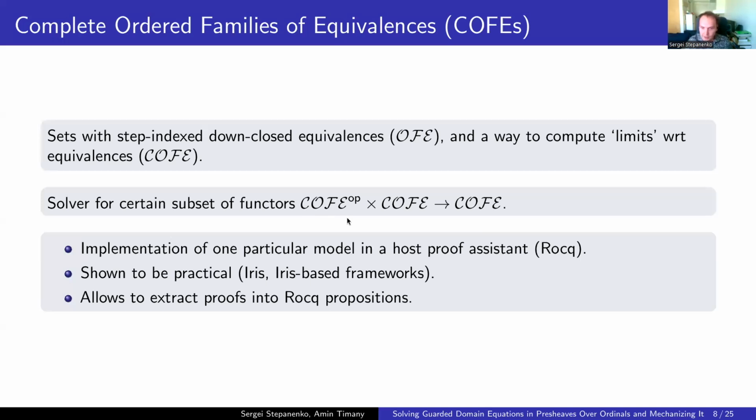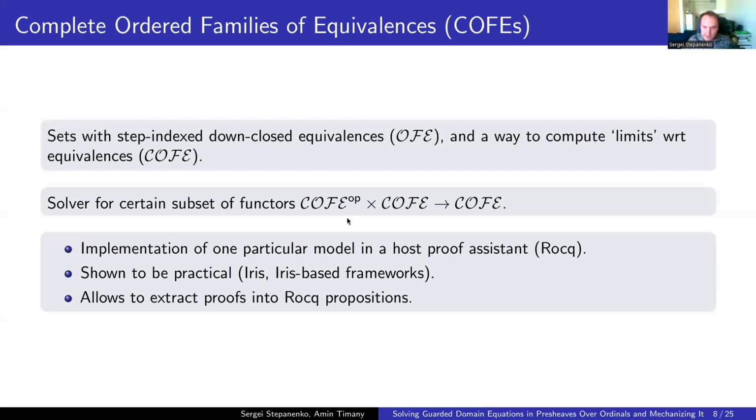And the advantage of this approach is that it is implemented in a host proof assistant, so we can rely on other machinery provided by the proof assistant. For example, if you want to do some probabilistic programming, you can use something from MathComp.